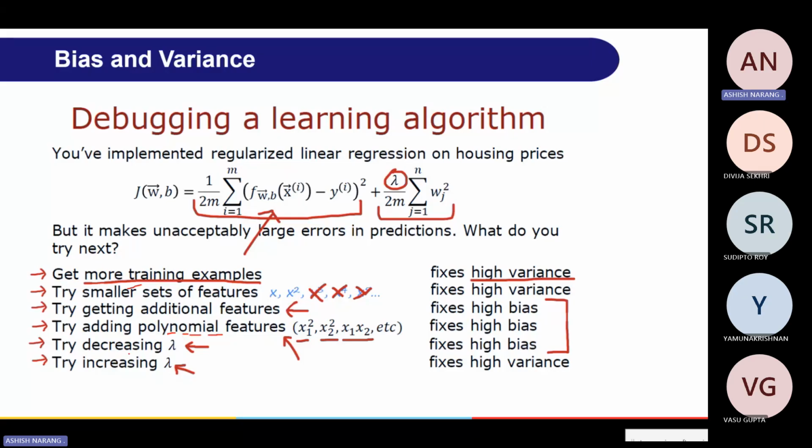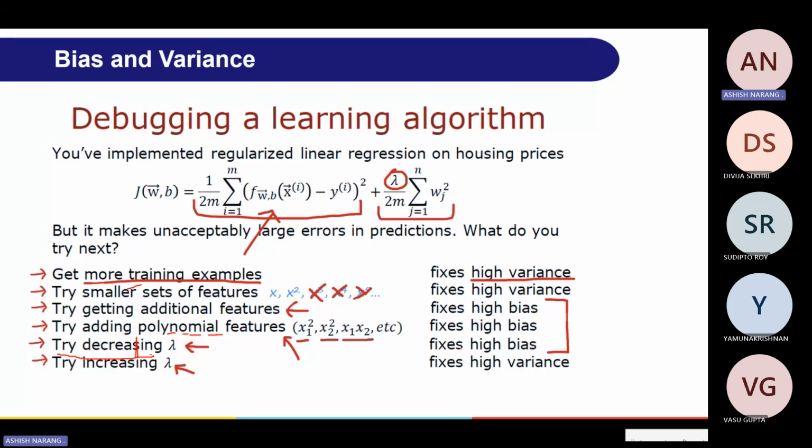Then try decreasing lambda and try increasing lambda. If you try decreasing lambda, it will fix the high bias. Bias means underfitting, so decrease lambda. Increasing lambda will fix the high variance.